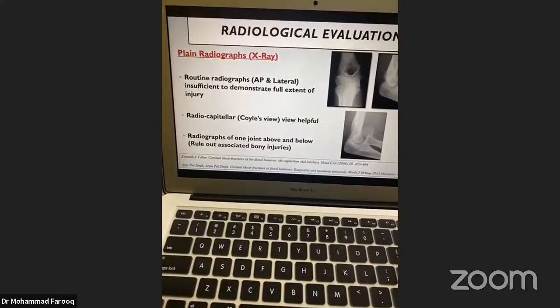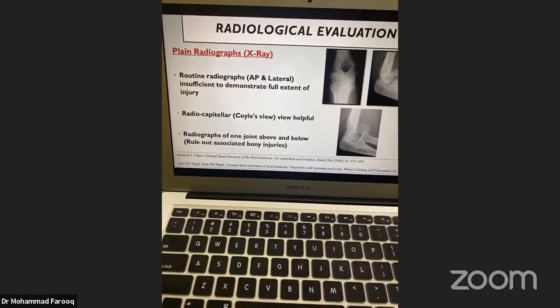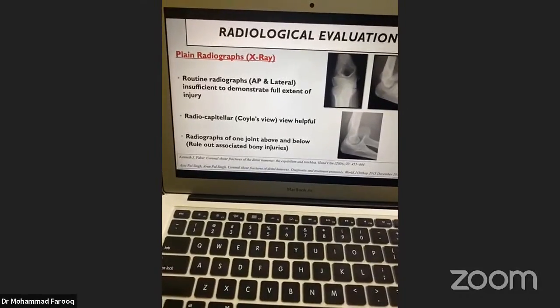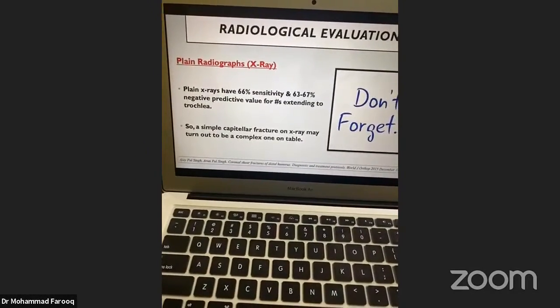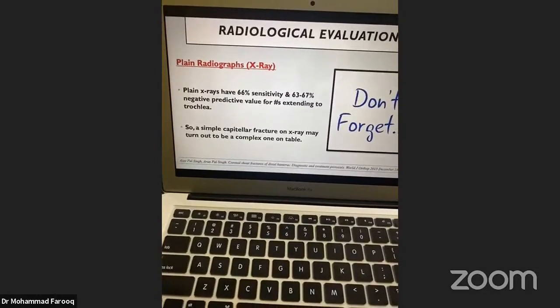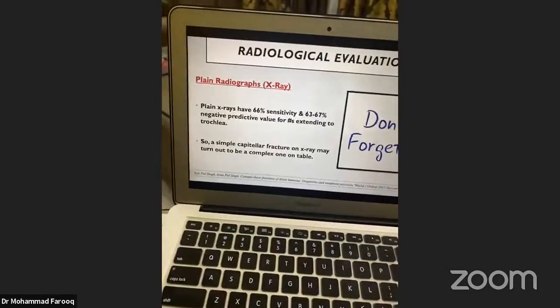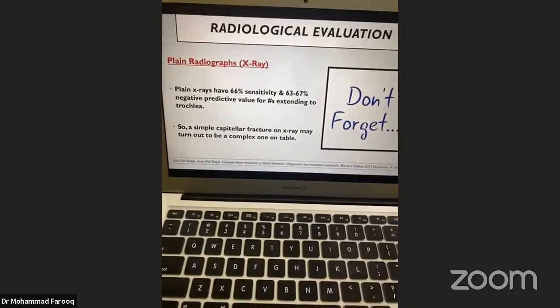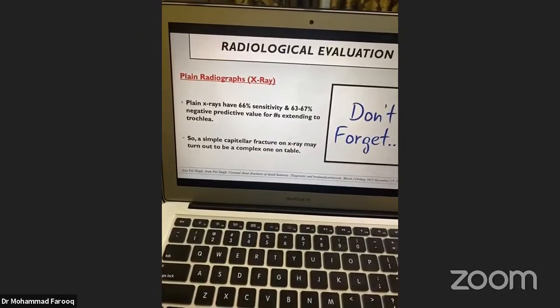Plain radiographs are insufficient in assessing these injuries, and various views may help us in knowing a few more things about them. But plain X-rays historically have had low sensitivity in diagnosing these fractures. So a simple fracture on X-ray may turn out to be a complex one on table. AP X-rays are very deceptive.